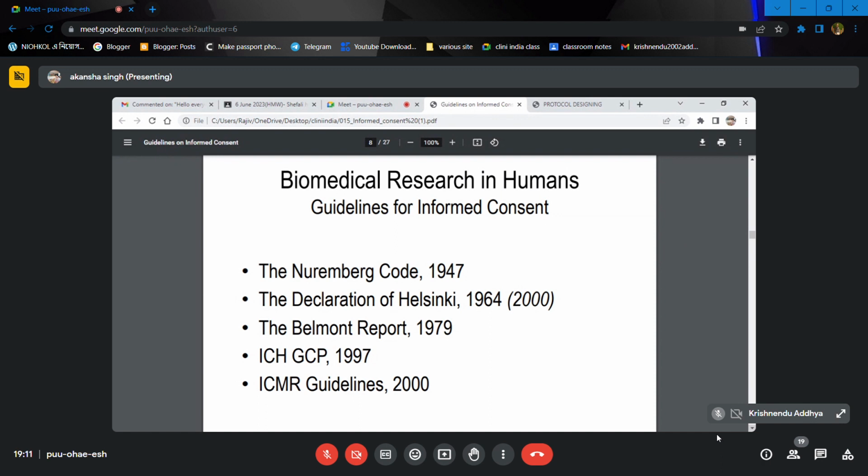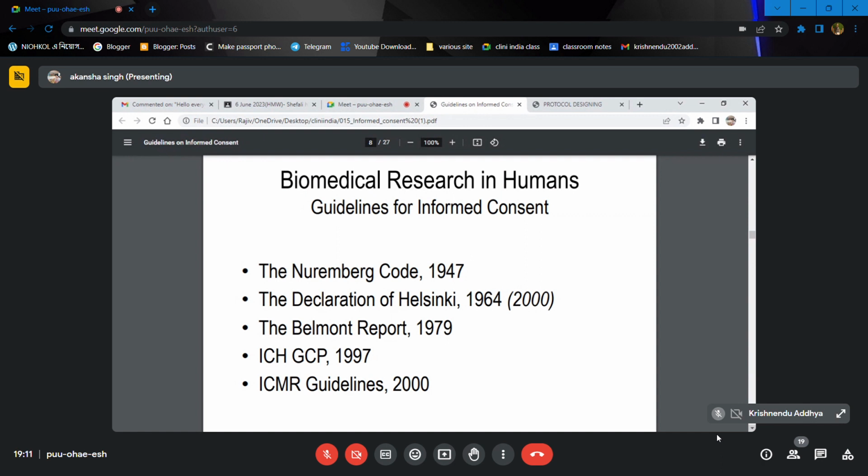They followed these ethical guidelines and regulations that evolved over the years from various regions and countries, and various countries adopted these ethical principles for biomedical research. Then we have seen ICH-GCP.